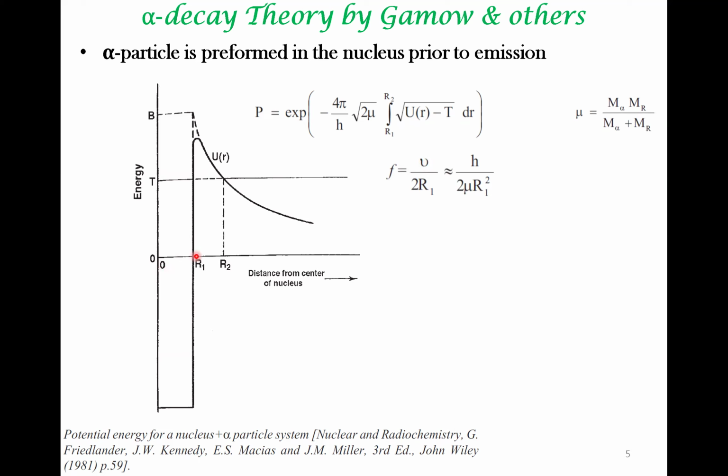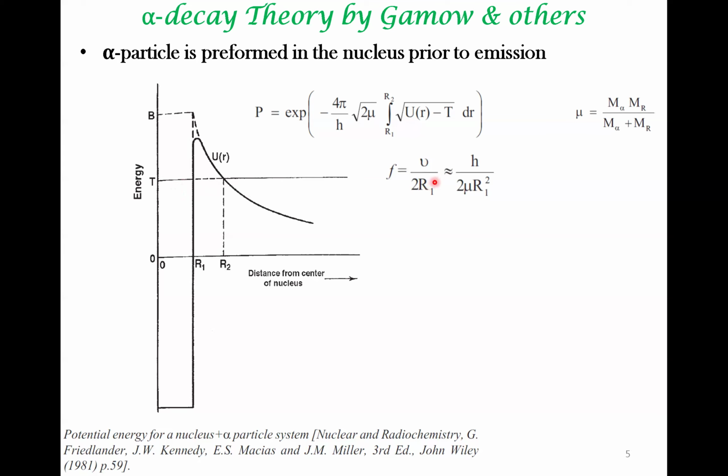This is R1. As it goes here and comes back, it covers a distance 2R1. That distance divided by the velocity will give you the time it takes to travel this distance. The inverse of that is the frequency.